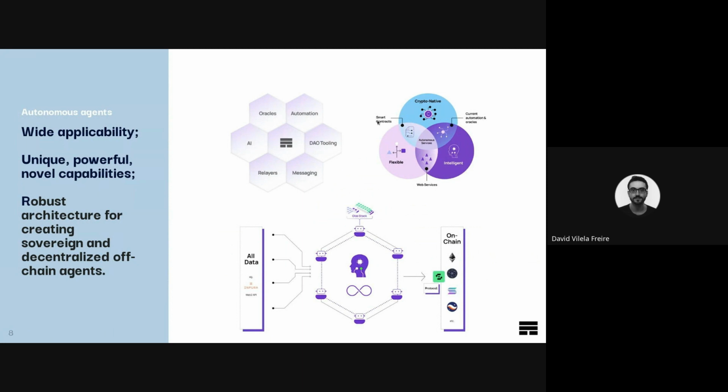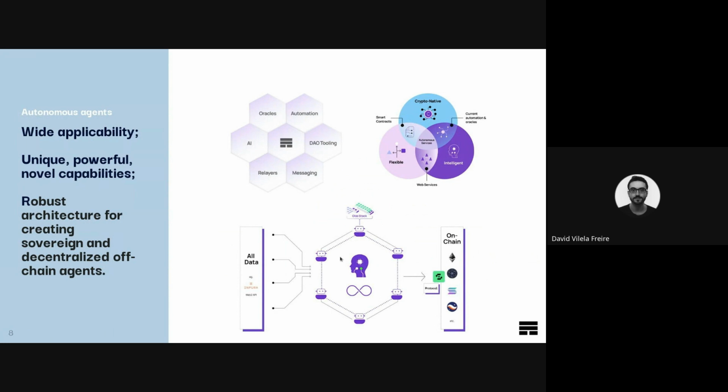We also have smart contracts, which are flexible and crypto native. And more recently, we had these oracles and this kind of automation that are also crypto native and intelligent, but not so flexible.